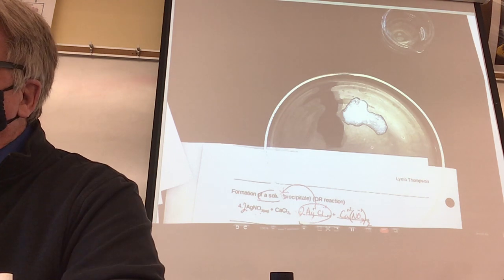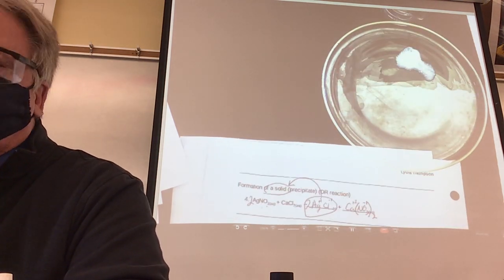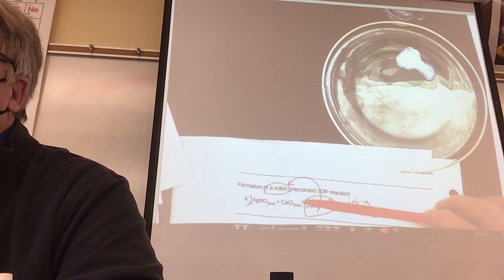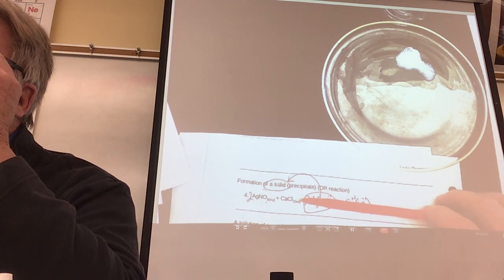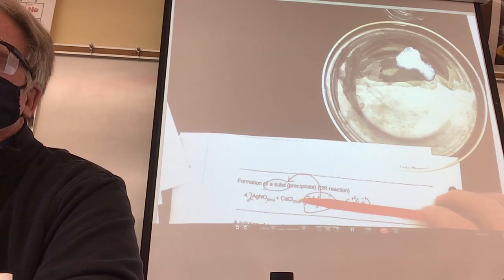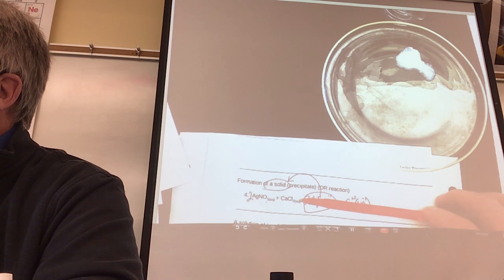Okay, so let's take a look at, how do you write this chemical reaction? All right, it's double replacement. So what are you going to put over here? What's going to happen if it's double replacement? What do you think? Double replacement. Silver what?